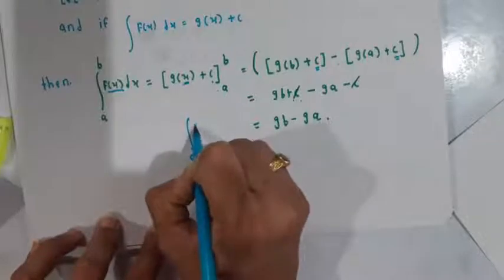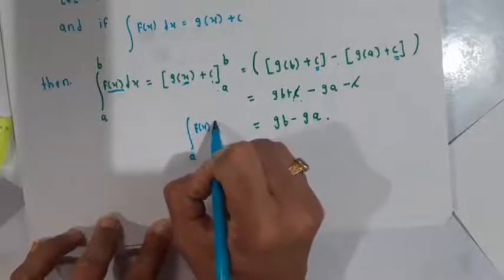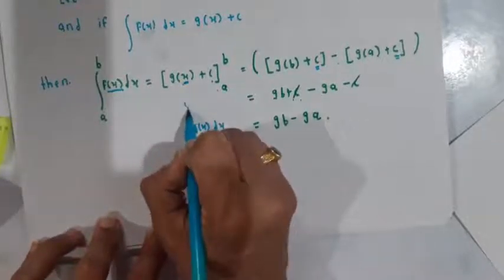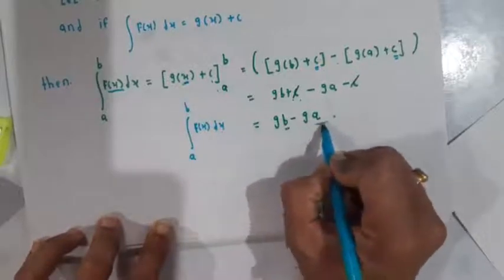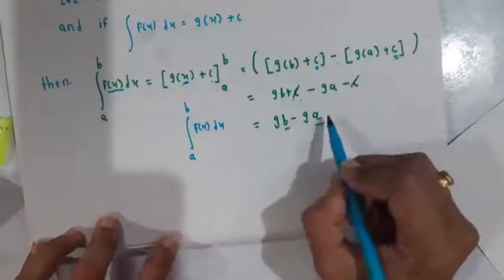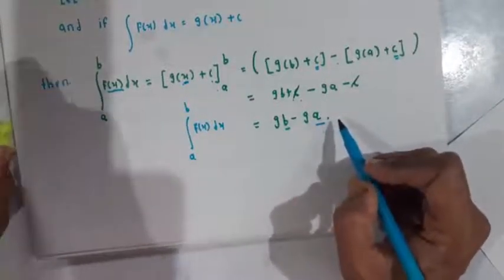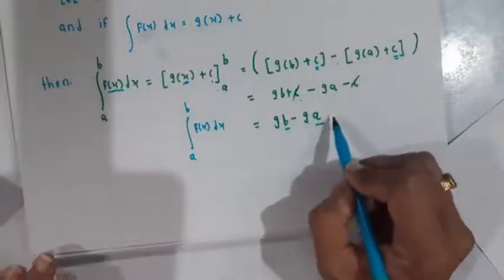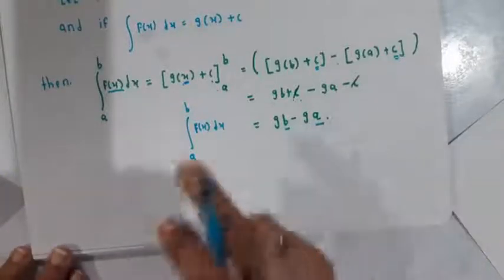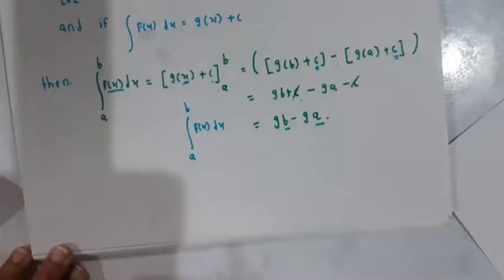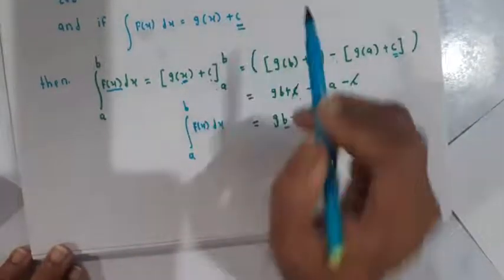This is g of b minus g of a, and this is the integration of f of x with respect to x from a to b, equal to g of b minus g of a. So in case of definite integration, there is no constant of integration, while in case of indefinite integration, we take the constant of integration.